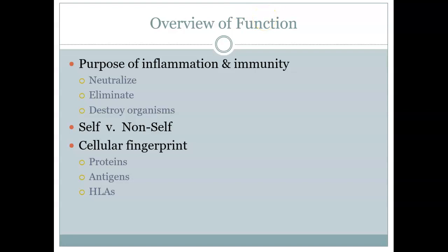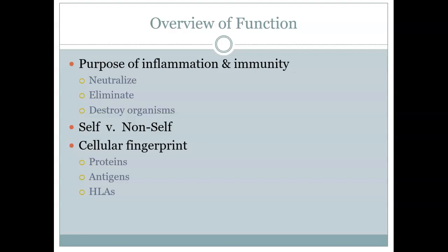All right, so like I said, the overview of function: the purpose of inflammation in immunity is to neutralize, eliminate, and destroy organisms. Our body has this natural mechanism where we have our own cellular fingerprint, where we recognize self versus non-self.